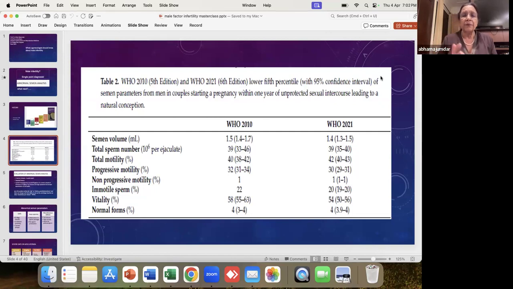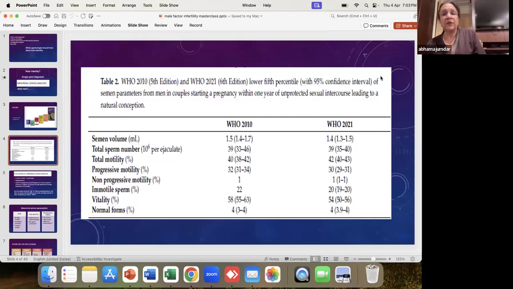Semen volume in 2010 was 1.5, 2021 is 1.4. So just by looking at the reference range, you can know from a laboratory whether they have updated their reports or not, whether they have updated the technician who is reporting to know what is normal and what is abnormal. Total sperm number per ejaculate is 39 million.